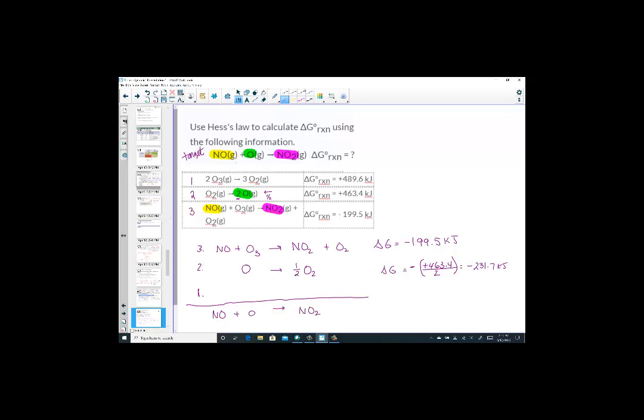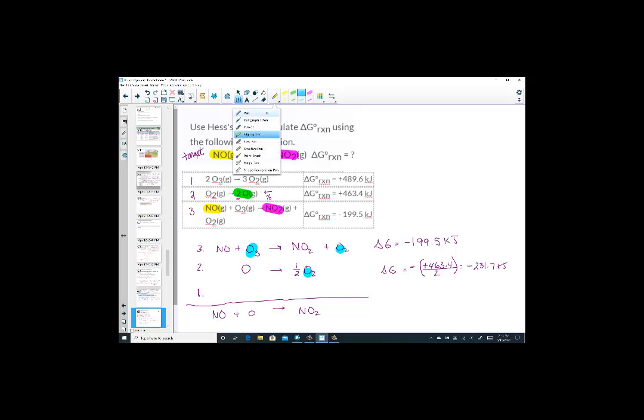Right now, I still have left, if I think about what's still hanging in here, this ozone is still written here in that elementary reaction I wrote first, and yet it's not appearing in the overall target. And the other thing that's happening is that I've got to get rid of these oxygens. There's no oxygen in the overall target, the molecular form of oxygen, so they have to cancel out as well.